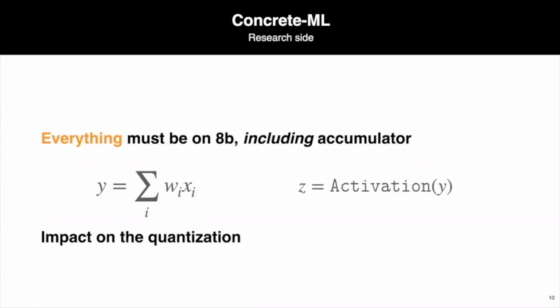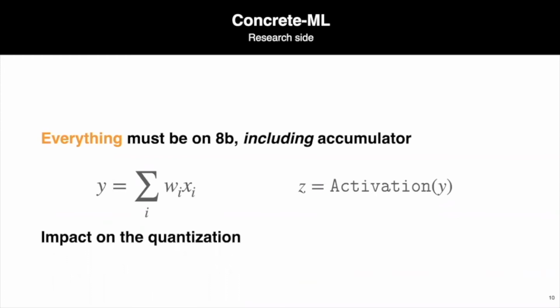For us, anything in the network needs to be on 8 bits. And notably, the y is going to be used in the next layer for the activation, which is done, as the activation is not linear, in our case by a PBS, a programmable bootstrapping. So really, the y needs to be on 8 bits, which means that at the end, we need to have weights and inputs which are much smaller than 8 bits.